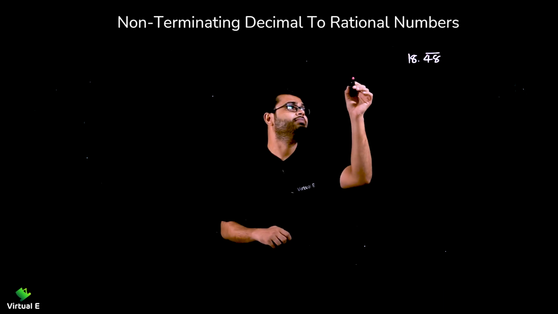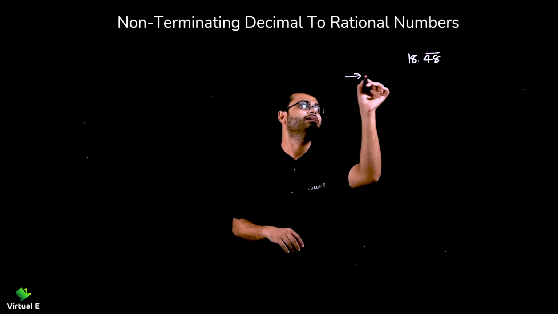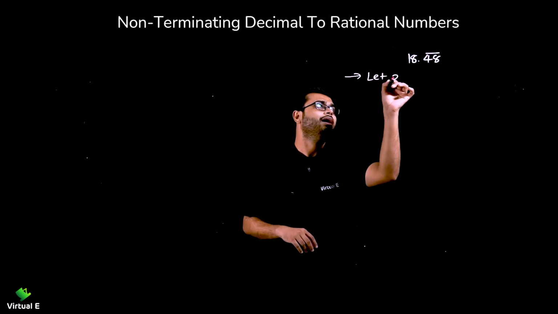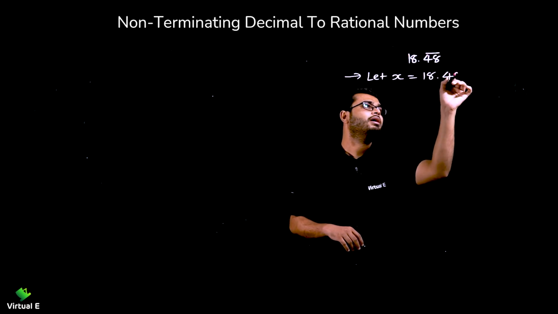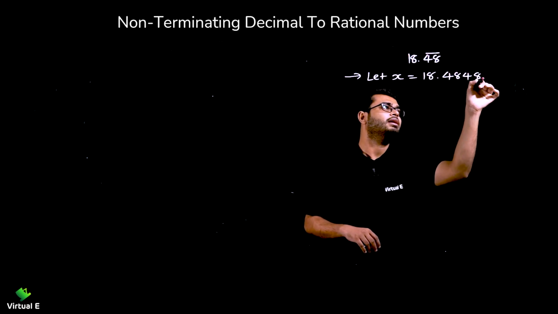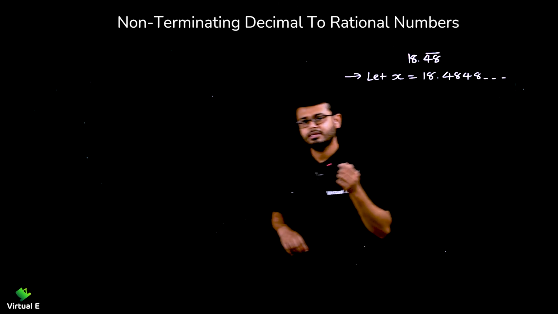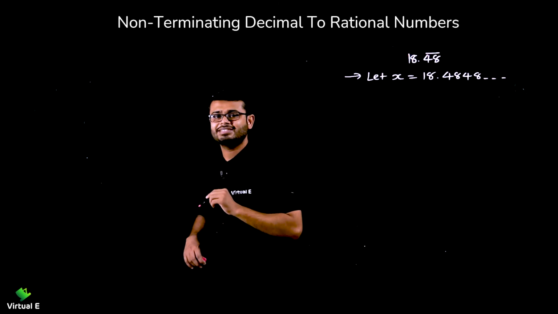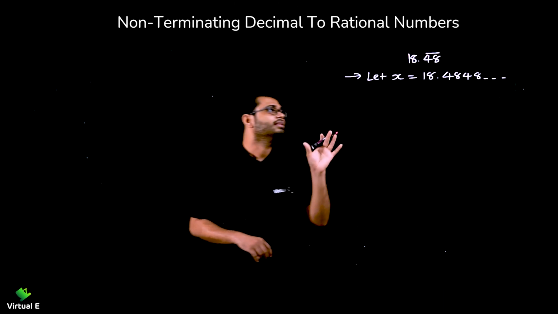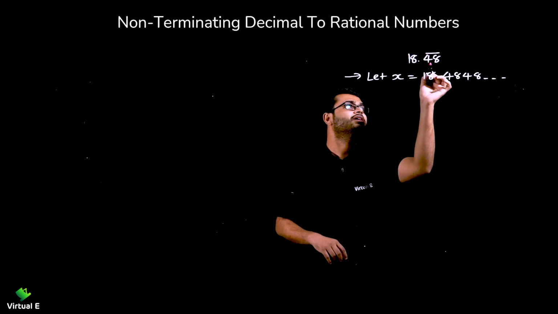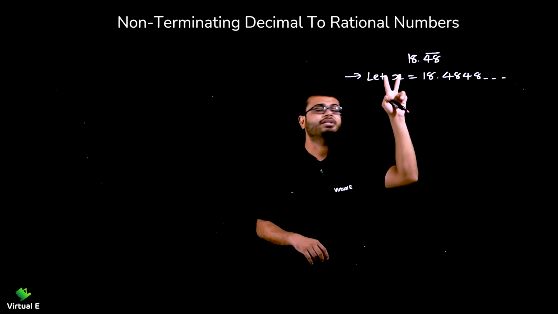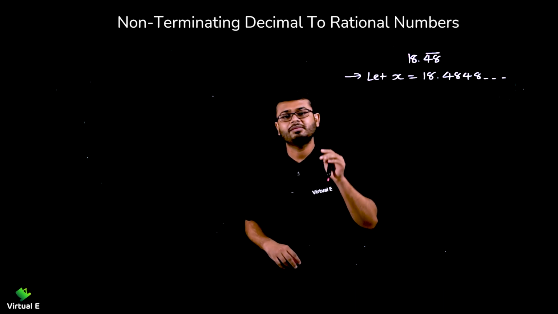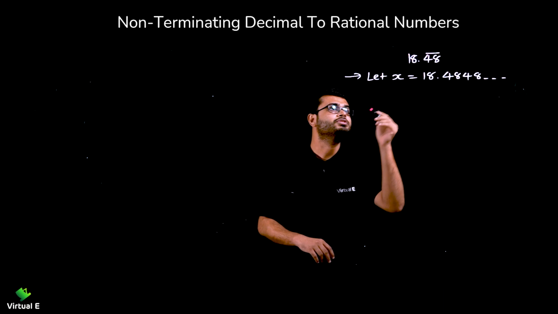First of all, let's start with the basic step, let x is equal to 18.4848... So what was the second step? We were counting how many digits after the decimal are being repeated. So there are 2. So we are going to multiply with 100, so 2 zeros should be there.